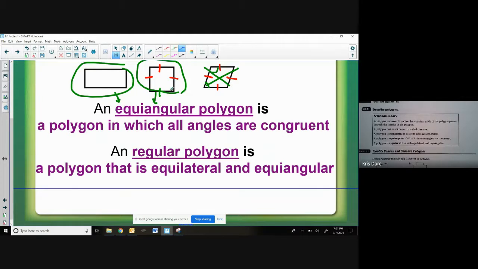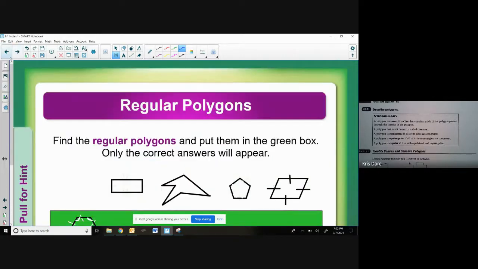Hopefully you're saying, yeah, that's what a square is, right? It's both equiangular and equilateral because it has 4 equal angles also. Awesome.